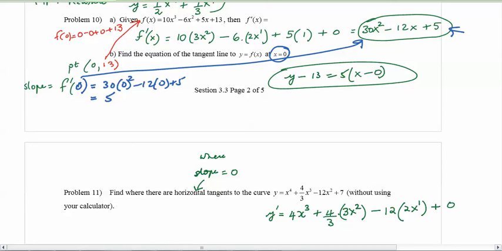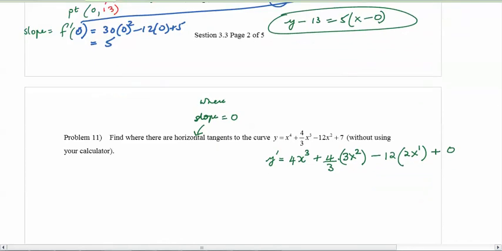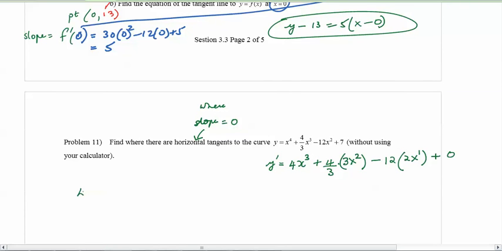That's y prime. And the question is, where is that slope equal to 0? So I have a formula for the slope function. All I need to do is to put it equal to 0. So 4x cubed plus, and when I simplify that, I get 4x squared minus 24x. That is my slope function, and I'm going to set it equal to 0.